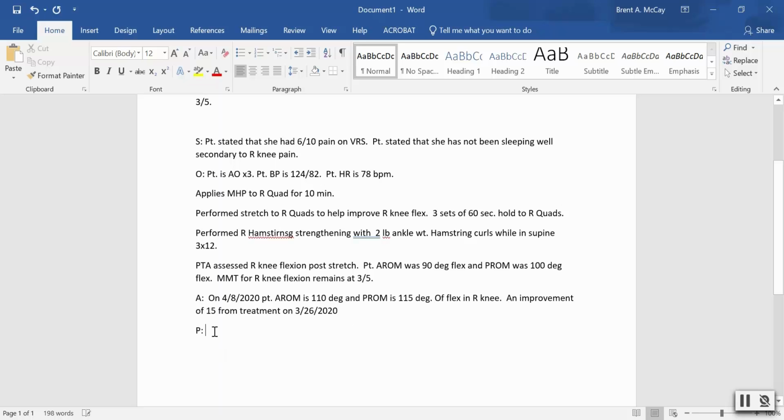And then your P is just going to be your plan for the next session, right? And so I'm going to go not off of this assessment, which I was just kind of showing you what it would be like in future treatments.